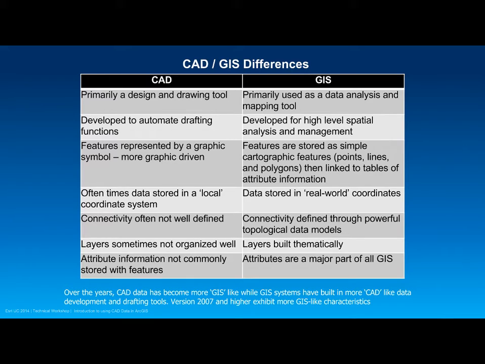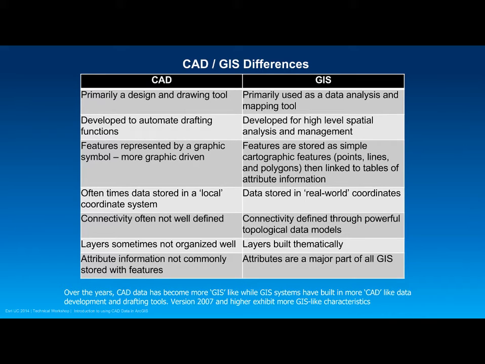CAD data is often built without explicitly defining connectivity between some of the features that are created. It's not that CAD doesn't have this functionality. There are powerful snapping tools within the CAD environment that can ensure connectivity is built when the design is implemented.